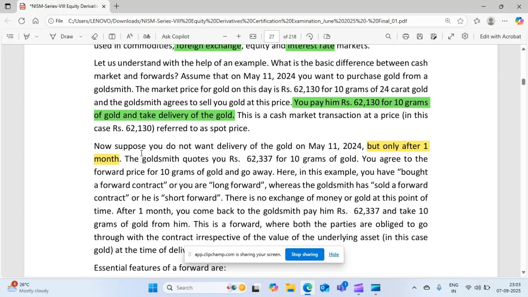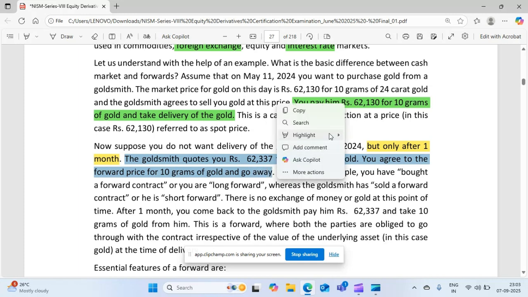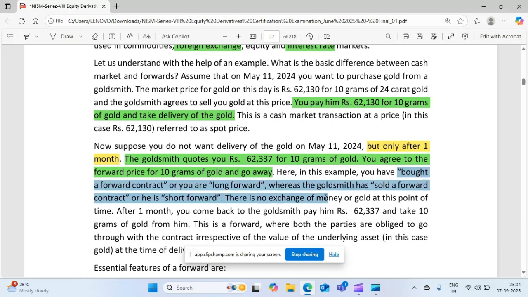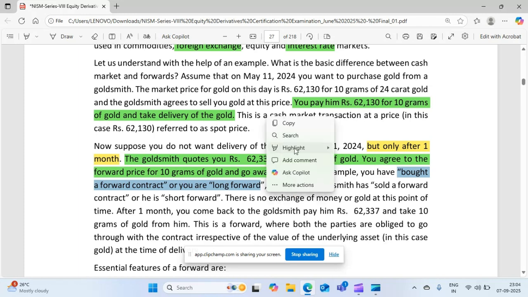Now you get a different price this time, and you agree to buy at this price. Remember, the contract is happening today, but it is for 1 month, and the price has been agreed today. So what you have done is that you have bought a forward contract, or you are going long forward. That is what it means.